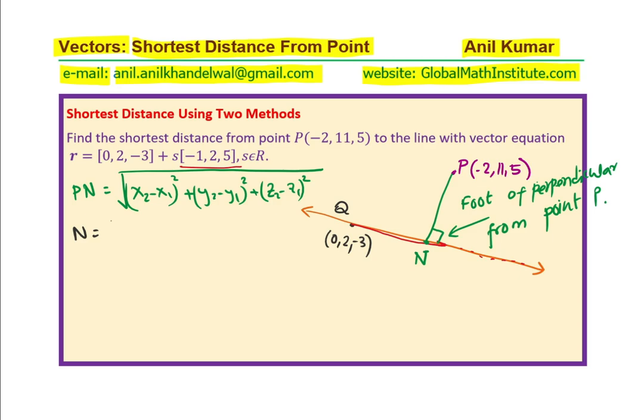Point N could be, let's add the coordinate points (0, 2, -3) with some value of t in the direction of (-1, 2, 5), correct? So basically, I could write this point as (-t, 2 + 2t, -3 + 5t), right?